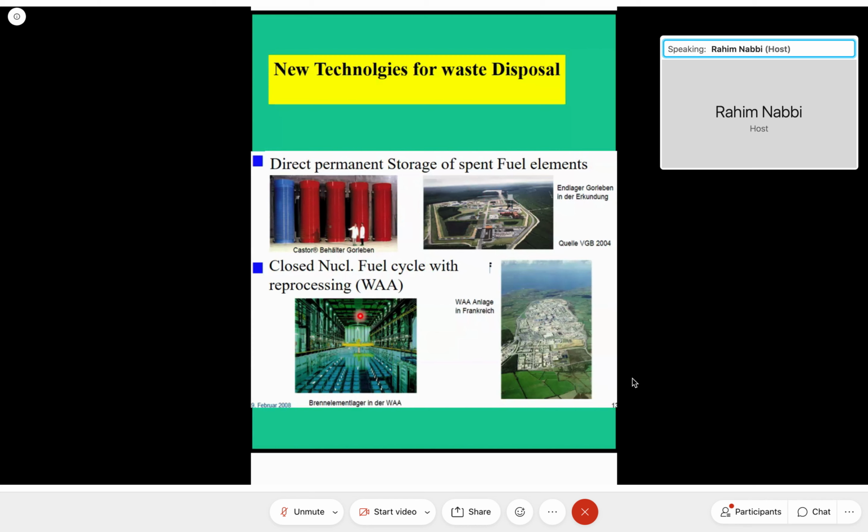By reprocessing, part of it can be separated and used for different purposes, for energy production and nuclear technology. And here in France, you see, for example, a reprocessing facility. Everything has to do with spent fuel elements or activated material.